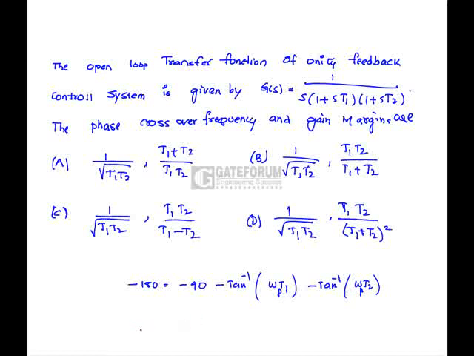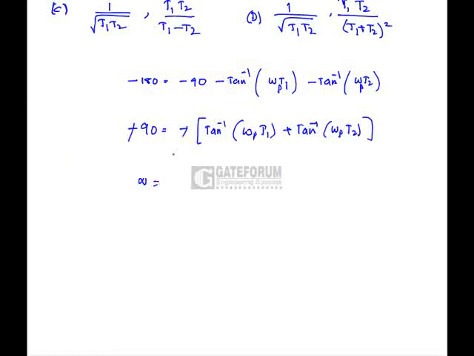Now this is minus 90 degrees minus tan inverse of omega p T1 plus tan inverse of omega p T2, which is infinite if we apply tan on both sides.